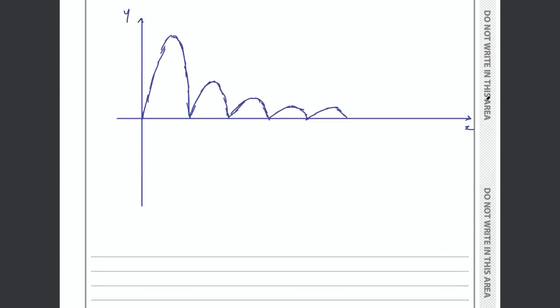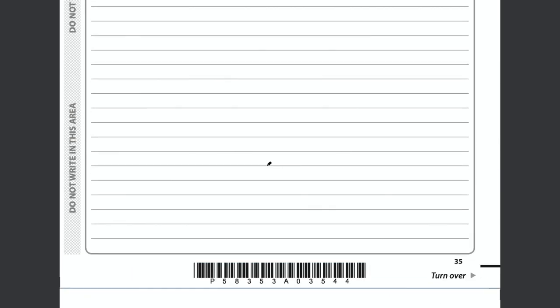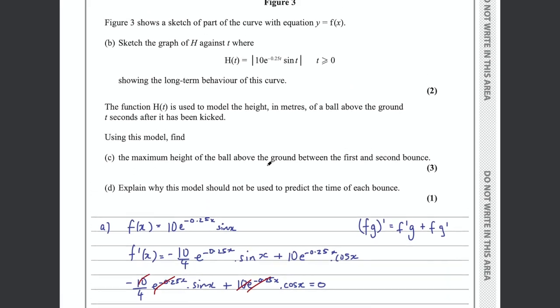Anyways, none of that's really important for this part, but let's try to show the long-term behavior. I guess it's just getting lower and lower and flattening out, and maybe even flatter, and eventually it would become almost a flat line. Okay, hopefully that's enough for 2 marks there.